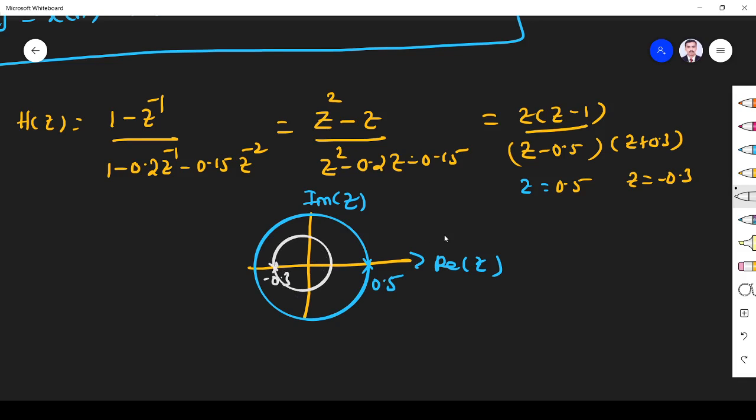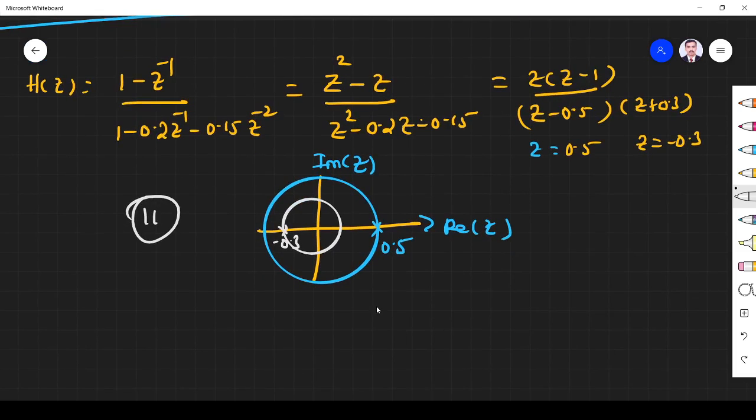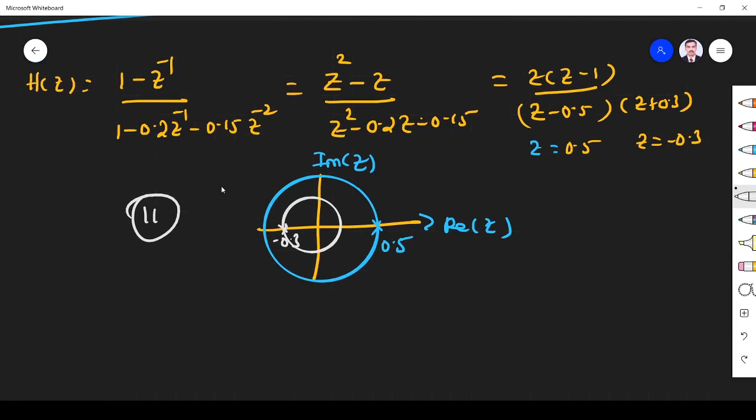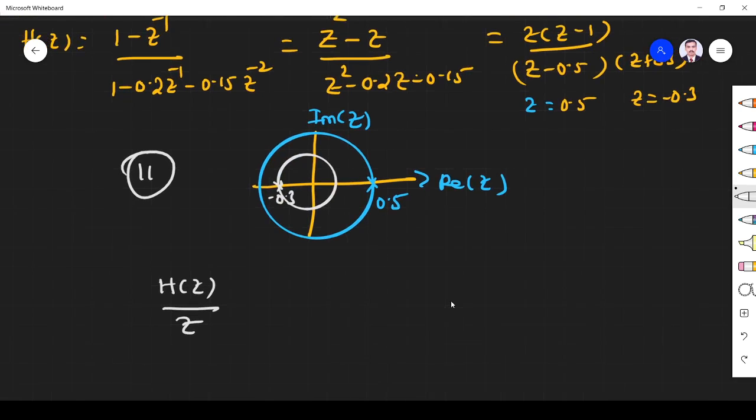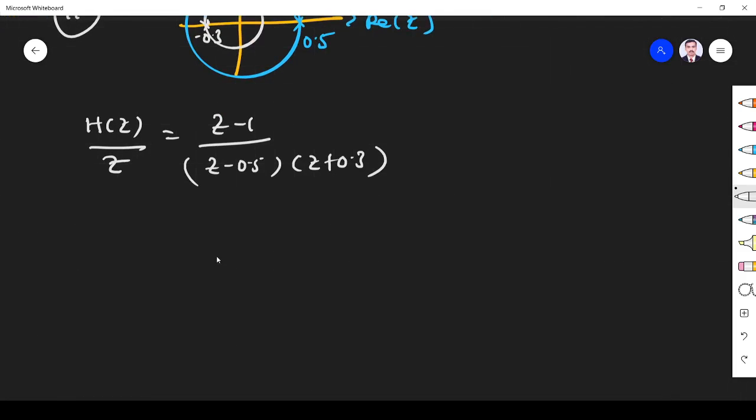This is the answer for the second part. What I need now is the impulse response, h of n. That means I have to take the inverse z transform. Whenever you want to take the inverse z transform, bring one z downside, so H of z divided by z is equal to z minus 1 divided by z minus 0.5 times z plus 0.3. Take partial fractions and find it.